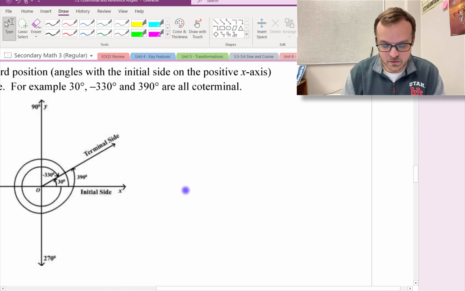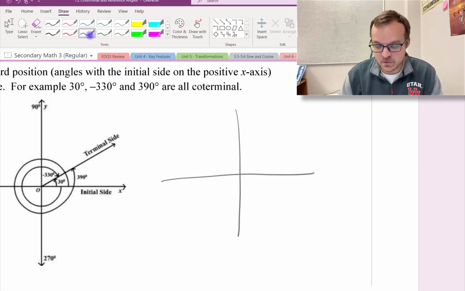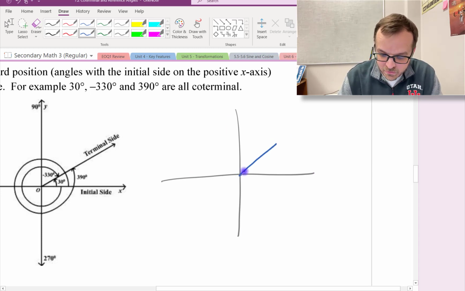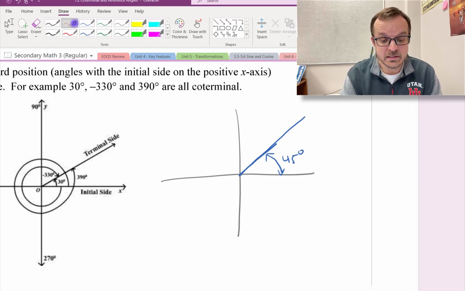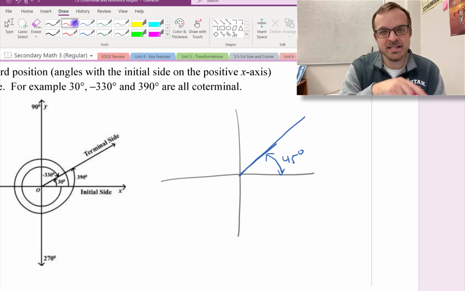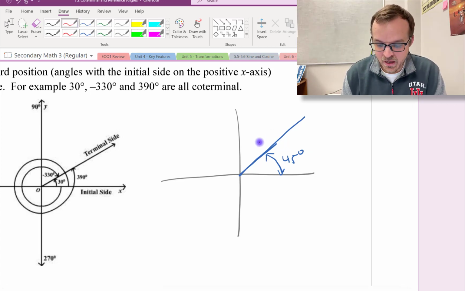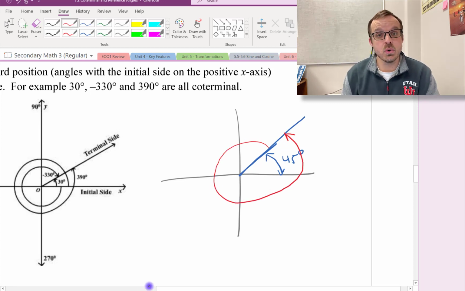So let's take a look here. I have this example written here. I'm just going to draw a quick sketch. So for instance, if I draw a 45-degree angle, that's just the angle, but now I need another angle to be a co-angle, right? But I want it to end at the same place. So if I went all the way around this way and then stopped at the same place, that's coterminal.